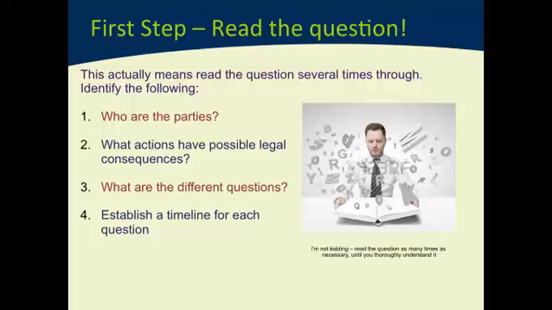They'll quite deliberately have muddled them all together so that you have to separate them out. And then establish a timeline for each of those separate questions, each of those separate issues, so that you're pulling out from the narrative just the bits of the story that are important to each question.